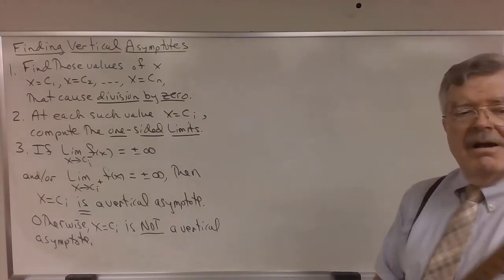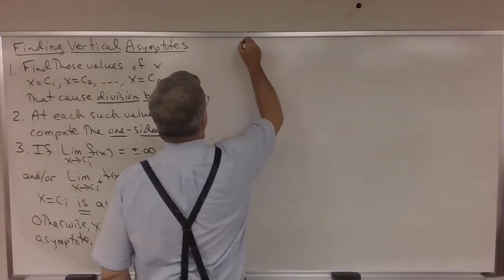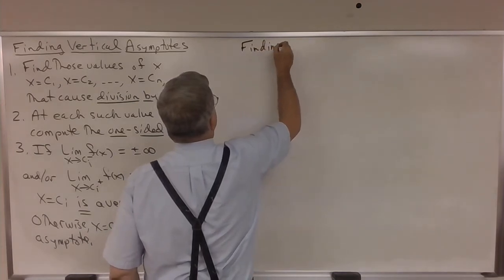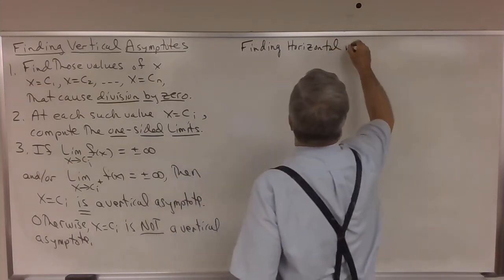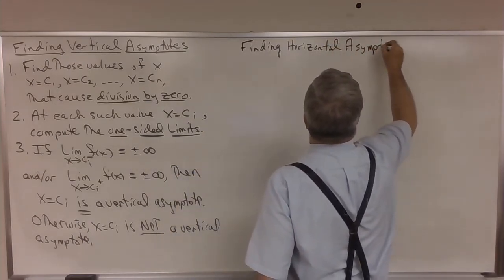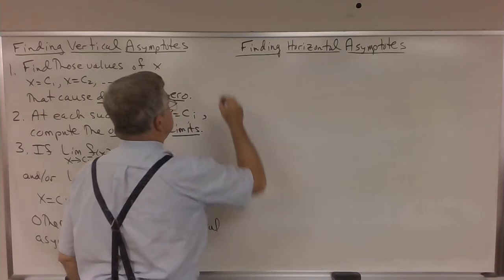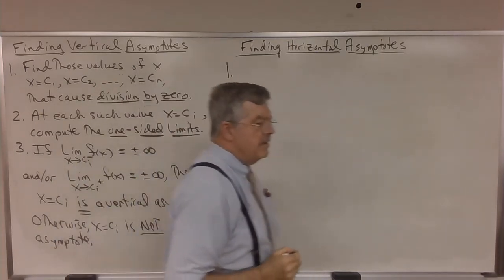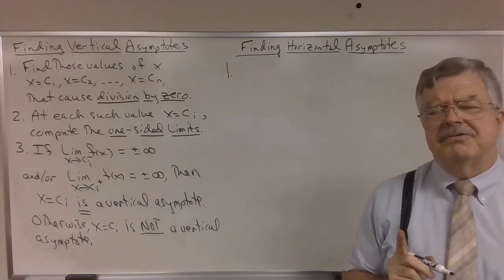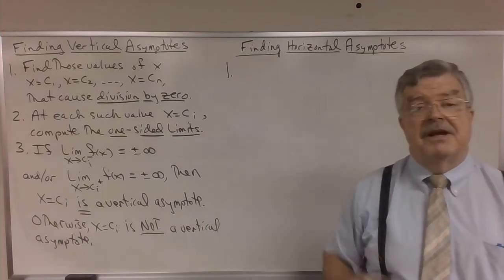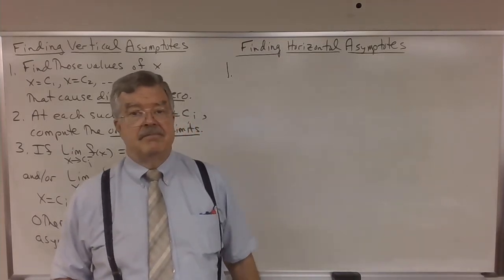Now, horizontal asymptotes. Remember when we were looking at our example, the graph didn't come close to the horizontal asymptote until either x went to negative infinity or x went to positive infinity.